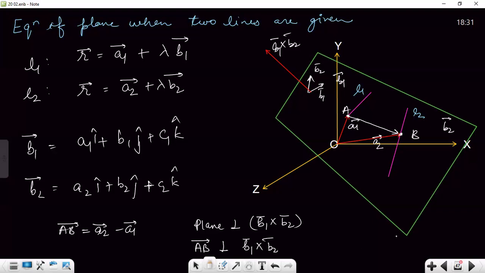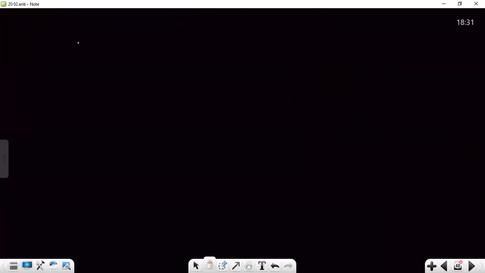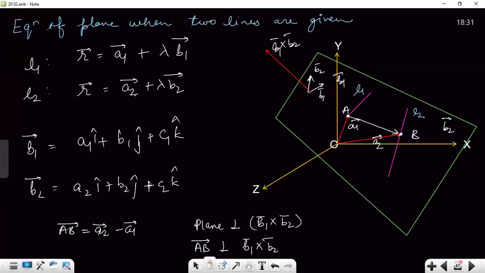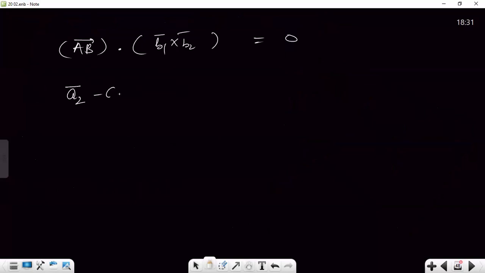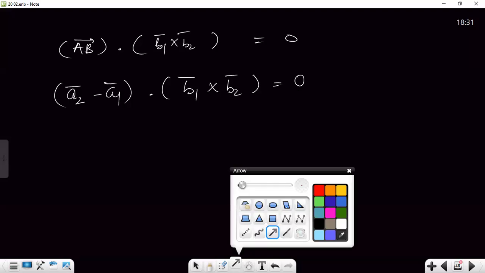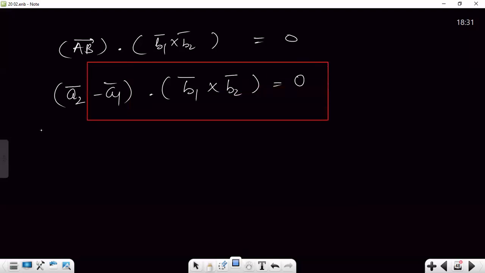Same concept: AB vector will give us a dot product of 0 with the perpendicular vector. AB vector is a2 minus a1. So a2 vector minus a1 vector dot b1 vector cross b2 vector equals 0. This is the equation of the plane. Simple, simple.